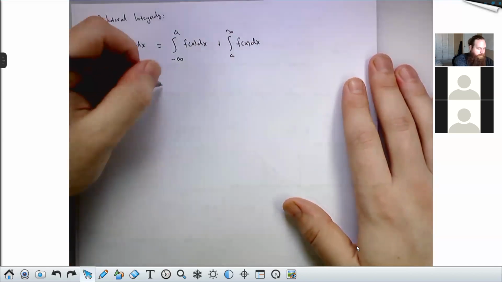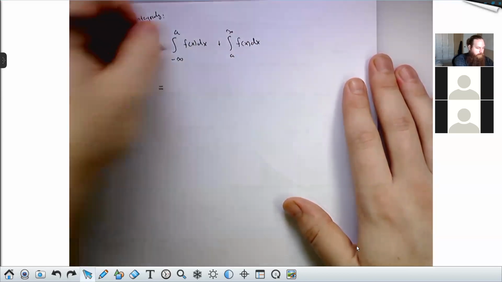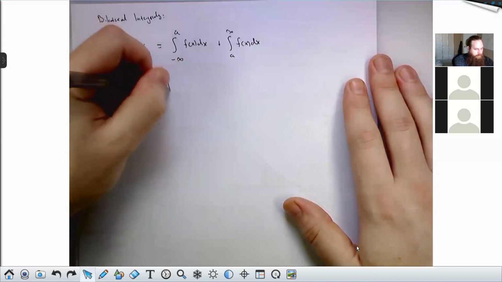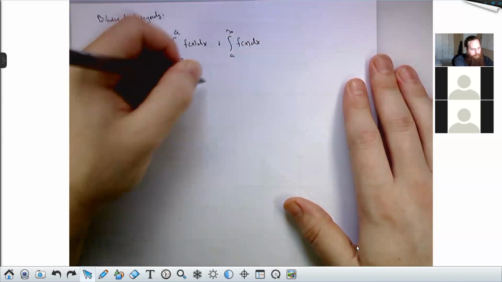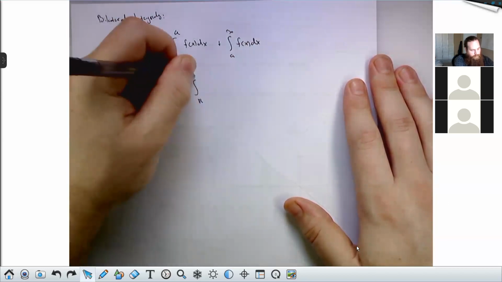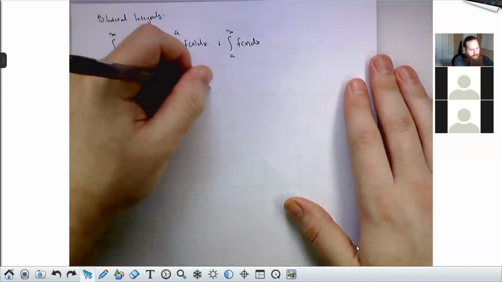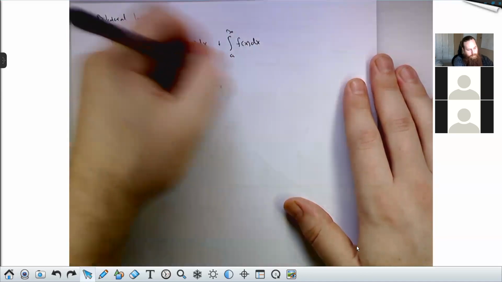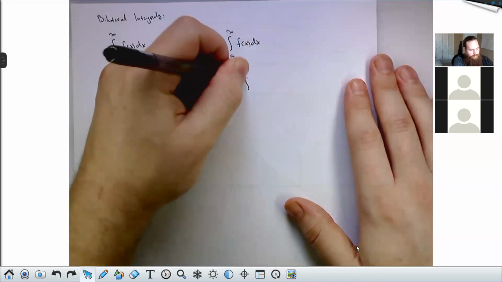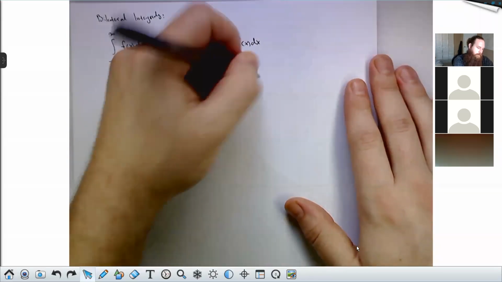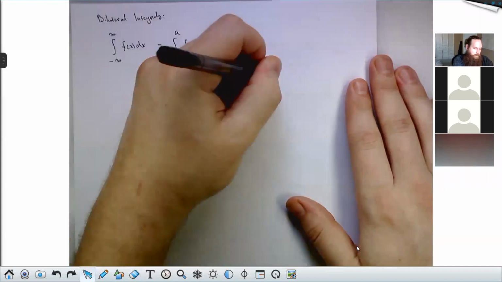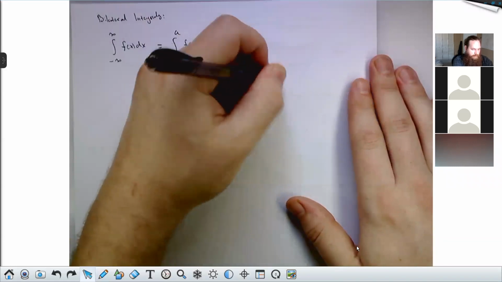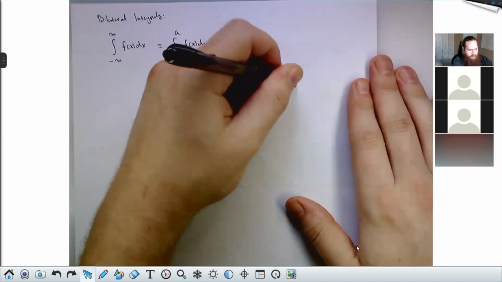And then we always use a different variable for each of the infinities. So this would be the limit as r goes to negative infinity of the integral from r to a of f of x dx, plus the limit as s goes to positive infinity of the integral from a to s of f of x dx.